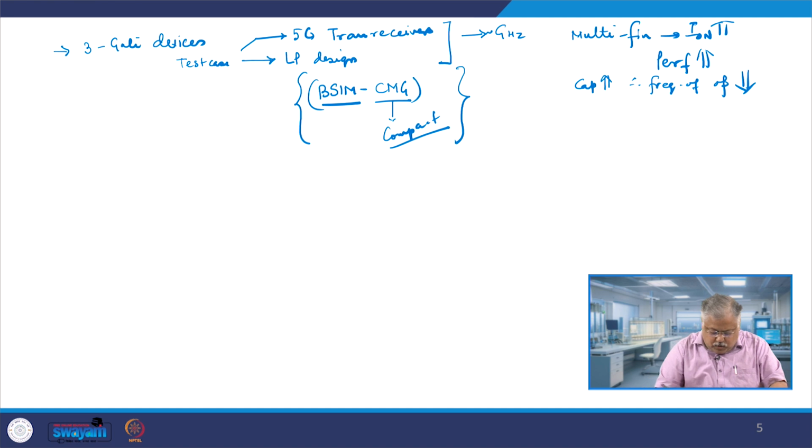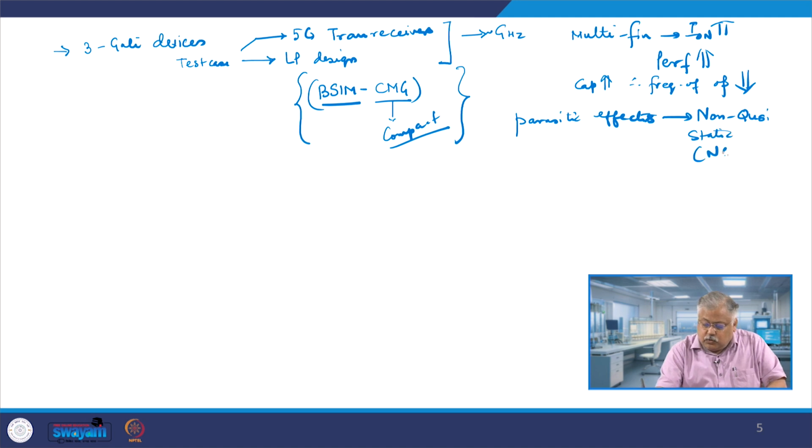So one of the most common methods for extracting the parasitic effects is that you need to employ what is known as a non quasi static model, NQS model, right. We do a non quasi static model using small signal modeling, and we do a multi-fin FinFET structure, right.